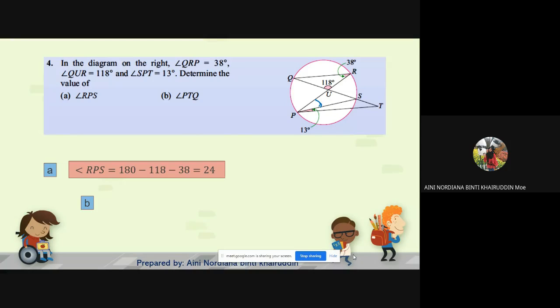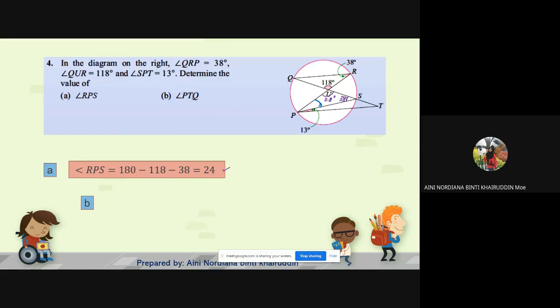So angle at here equals 38, equals this angle, because it came from the same arc QP, and angle here is 118. This is an intercepting angle. So to calculate this angle, 180 minus 118 minus 38 equals 24.